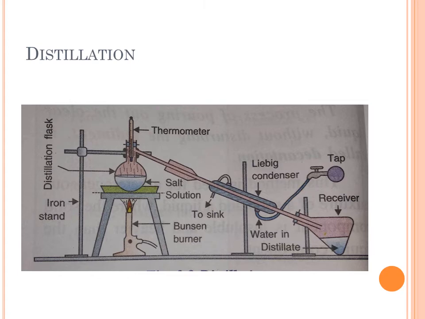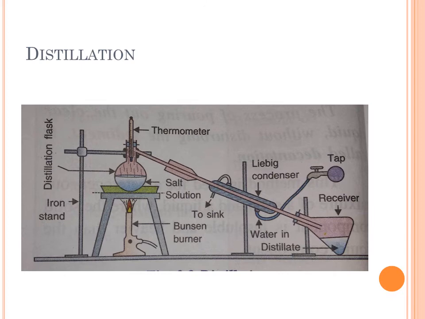This method is used to separate the components of a solid liquid mixture in which both solid and liquids are recovered. When the solution is heated, the liquid evaporates in the form of vapors which pass through the condenser and get condensed into pure liquid again, which is called distillate, while the solid is left behind in the distilling flask.